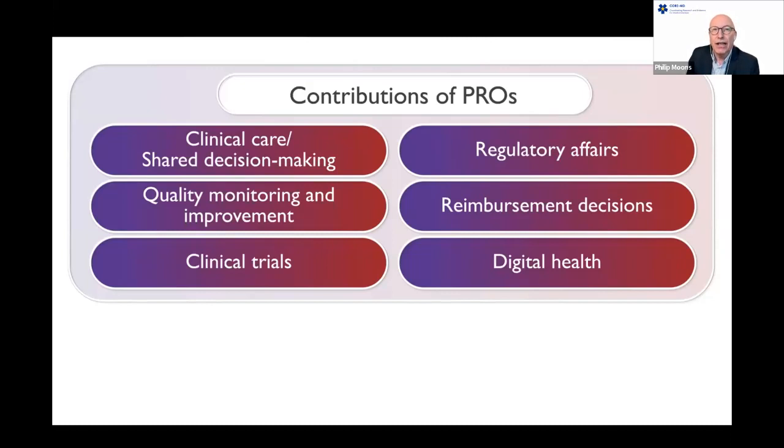Patient-reported outcomes can also be used in quality monitoring and improvement. We know the national or regional registries where it is investigated or monitored what the quality in the different centers is.